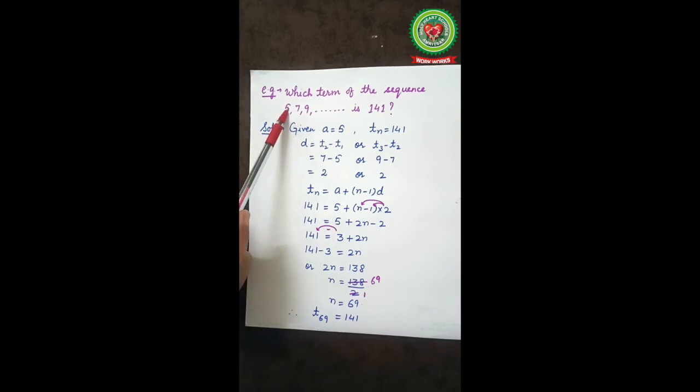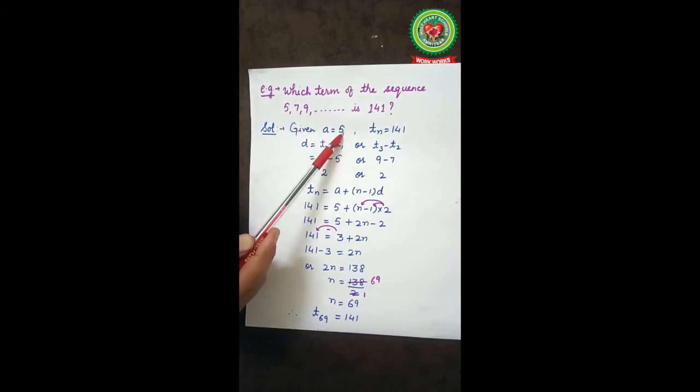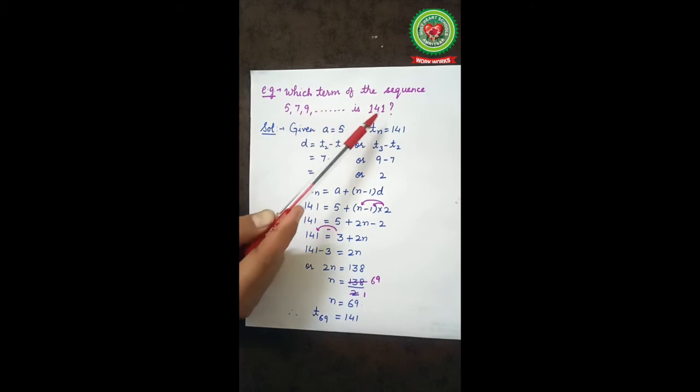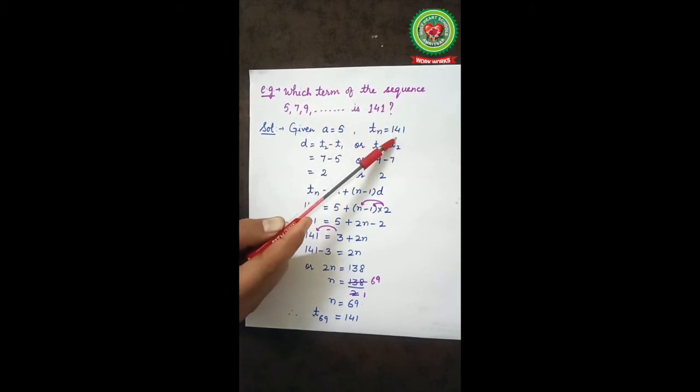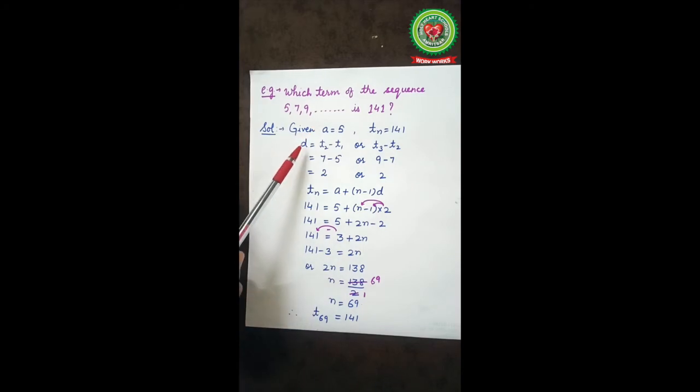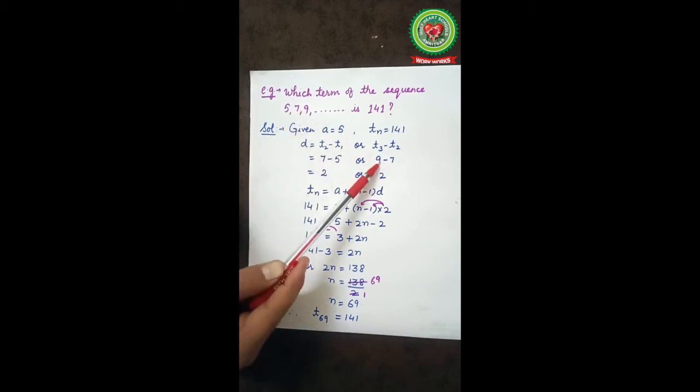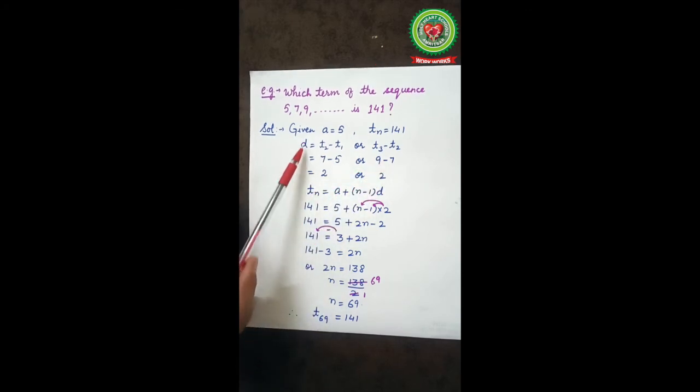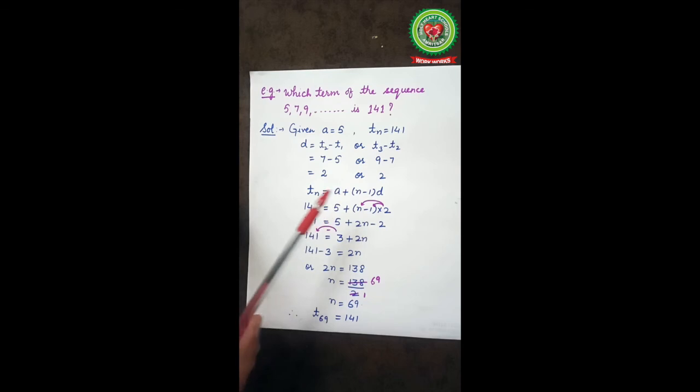So it will become a is equal to 5 and the last term, which term we have to find, will be considered as Tn. Now d is equal to second term minus first term or third term minus second term. So it will become 7 minus 5 or 9 minus 7. So d is equal to 2.